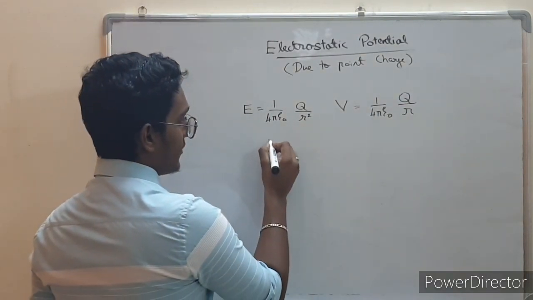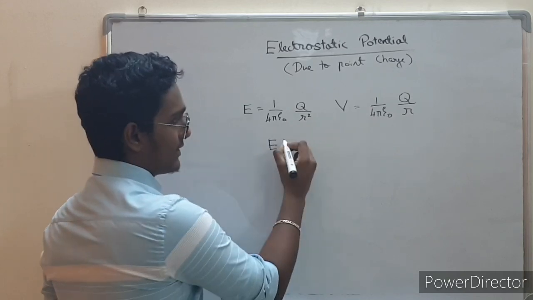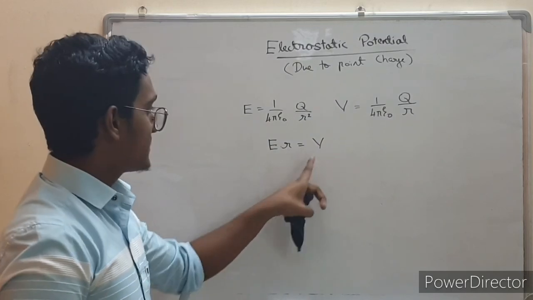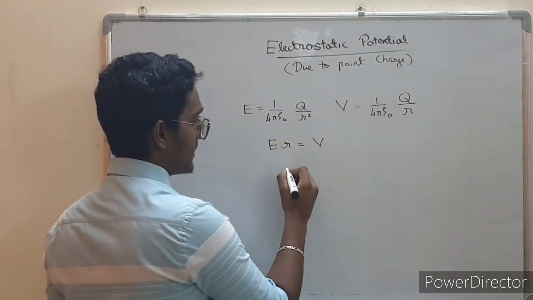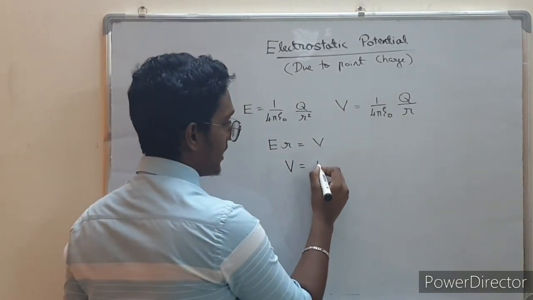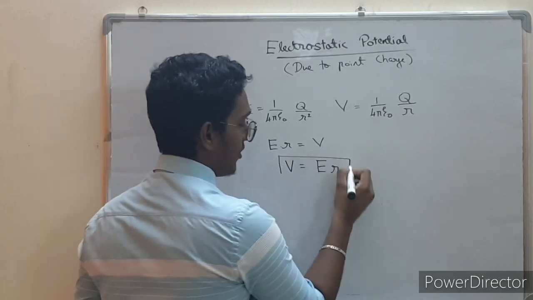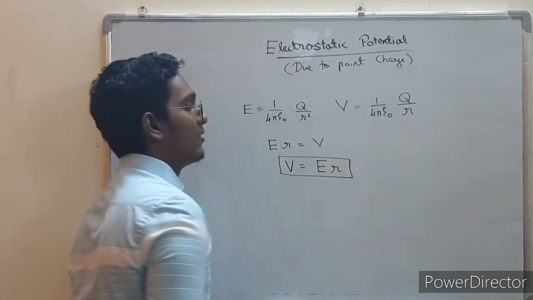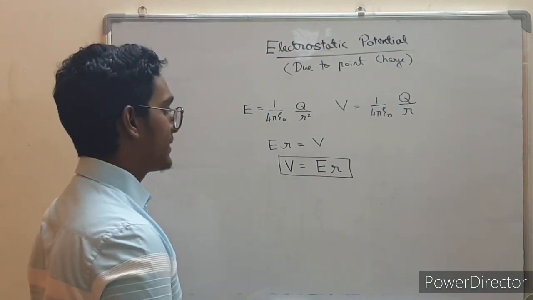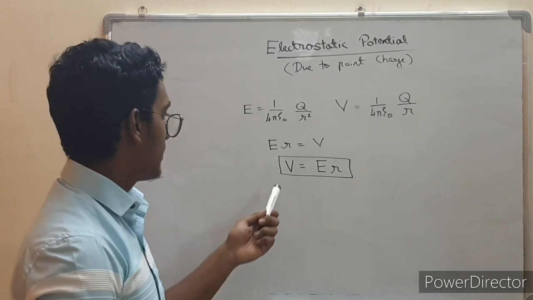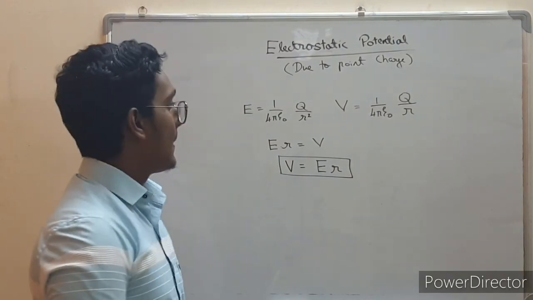If you multiply the electric field by distance r, you get potential. So this is a relationship, that is, potential difference equals the electric field times the distance of separation. V is equal to E r, electric field times r. So this is how you convert between potential and electric field.